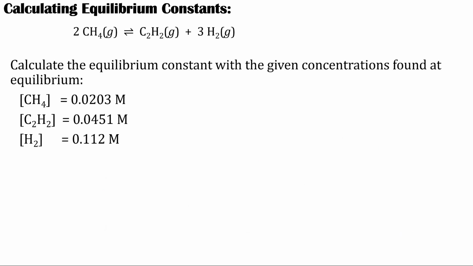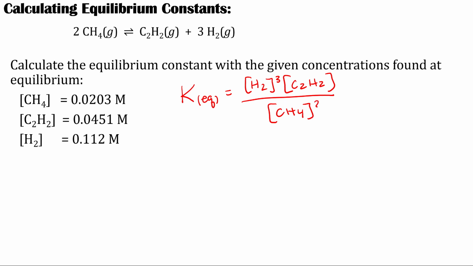All right, so if we calculate the equilibrium constant for this reaction, first I'm going to write down my K expression. So K will be equal to H2 cubed times C2H2 divided by CH4 squared.